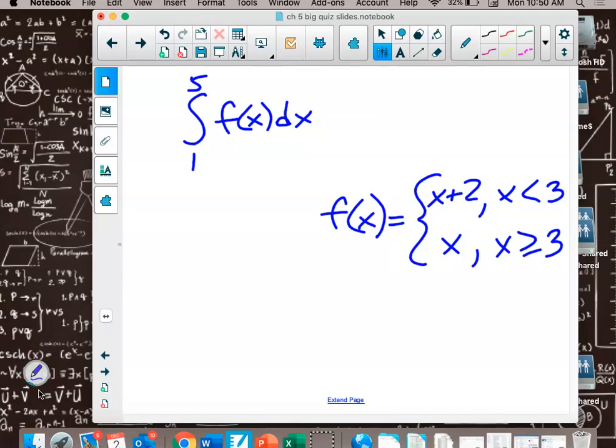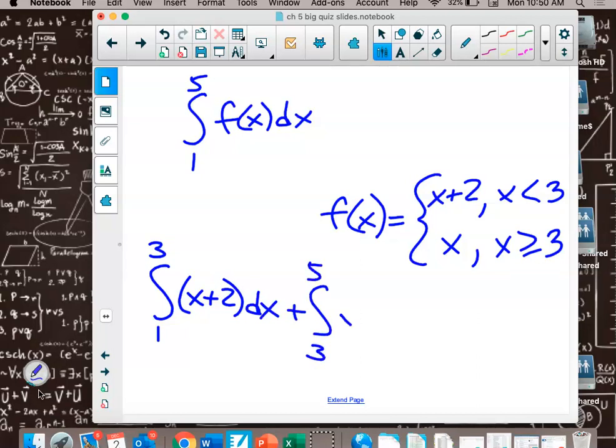Since I'm going from 1 to 5, I have to do the integral from 1 to 3 of that appropriate function plus the integral from 3 to 5 of that appropriate function, whichever is appropriate over those values of x. You just split it up and then you do the integral. Does that make sense? So that's how you do an integral piecewise. You just have to use each function over the values of x where it's appropriate.